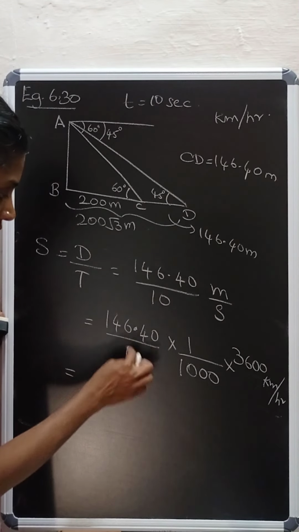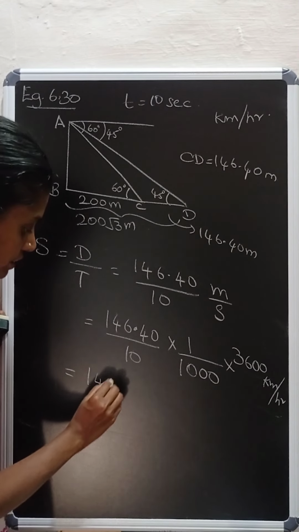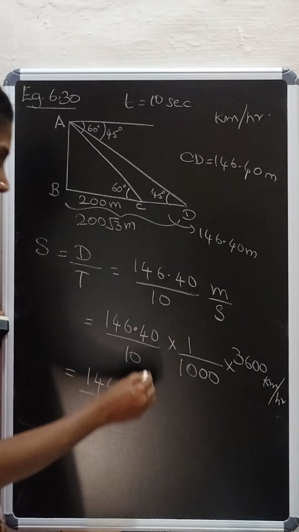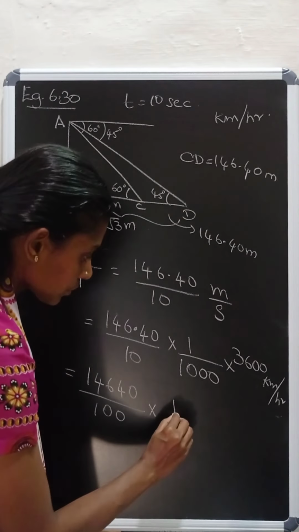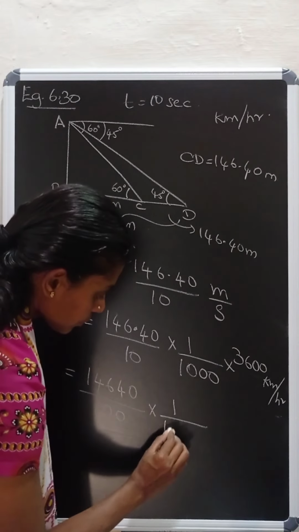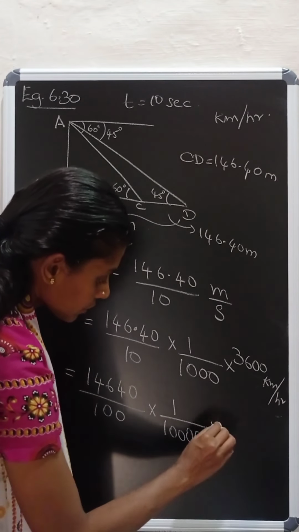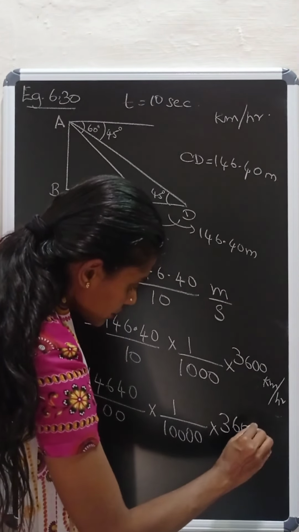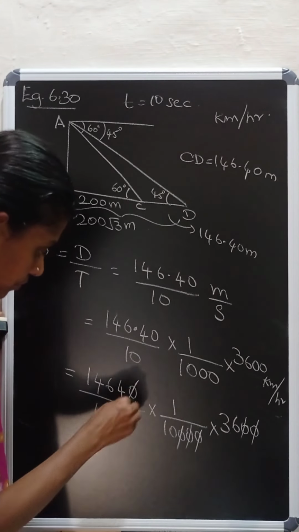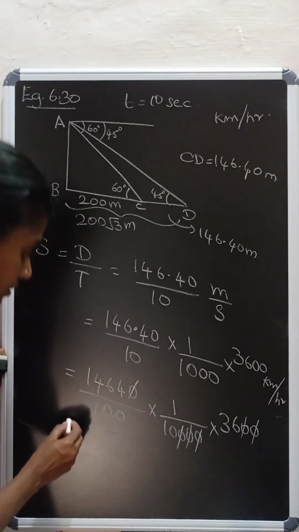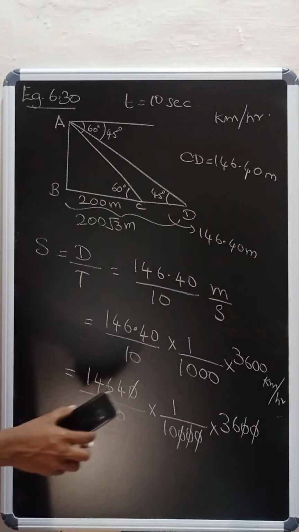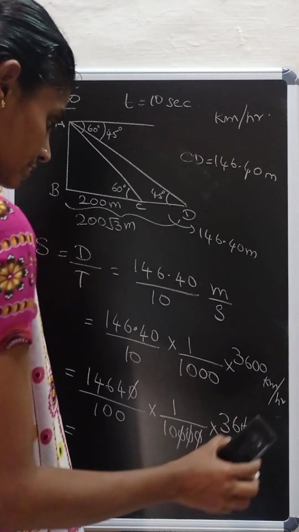See here, to remove the 0, 14640 divided by 100 into 1 divided by 3600. 0 gets cancelled. Now multiply these two things. I'll do the calculation here.